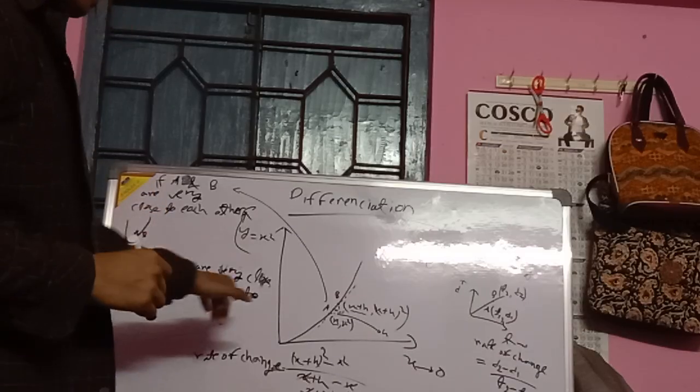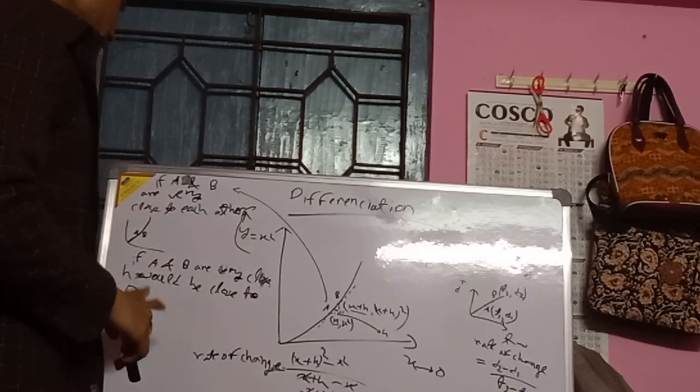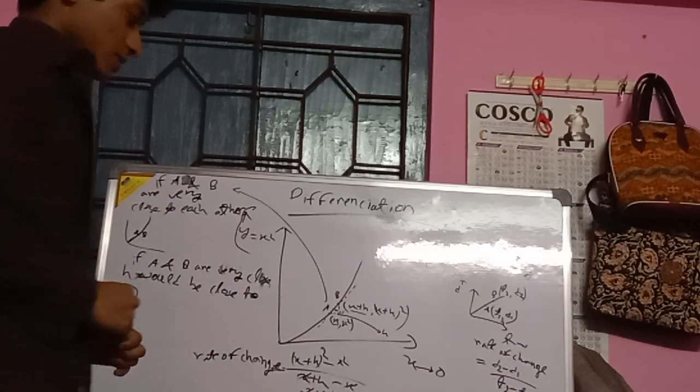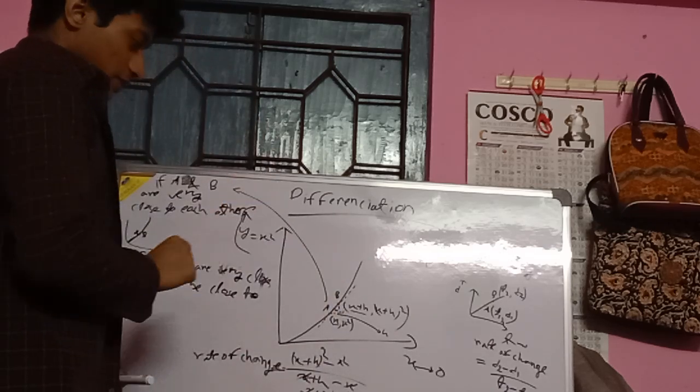You can also say it the other way around: if h is very small, then point A and point B would be very, very close to each other.